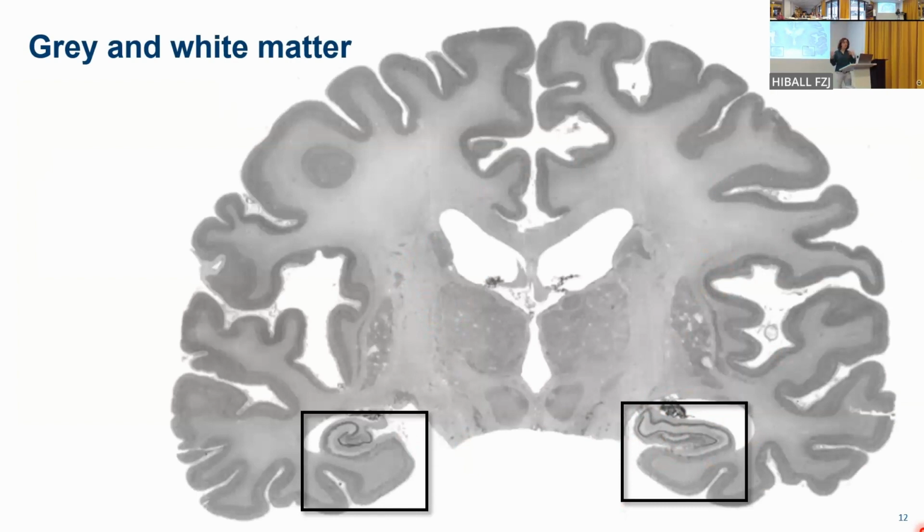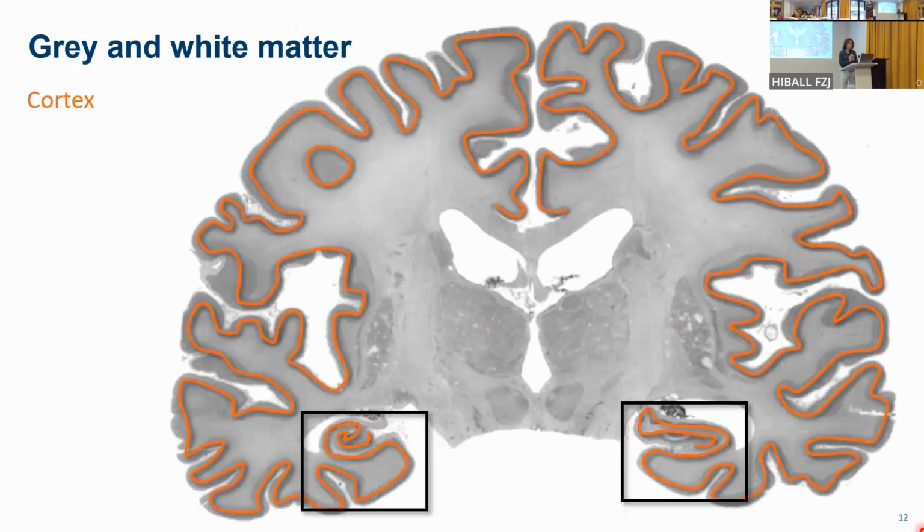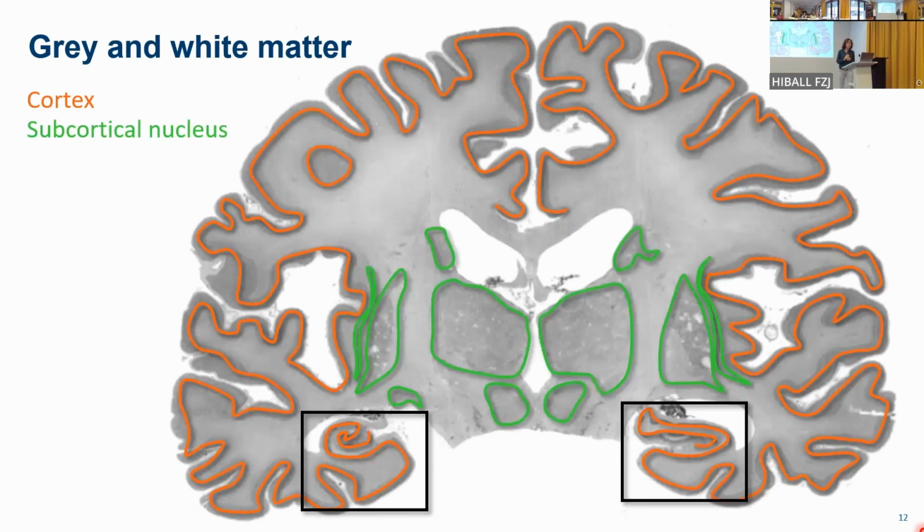And if you remember one of the talks that I gave in earlier HIBALL workshops, you know that the cell bodies aren't equally distributed throughout the brain, that we've got parts where the cell bodies are basically localized, and when this part is found on the surface of the hemisphere, we talk about the cortex, and when these cell bodies are located inside of the brain, we talk about subcortical nuclei, okay? And everything else that is in here is the white matter.